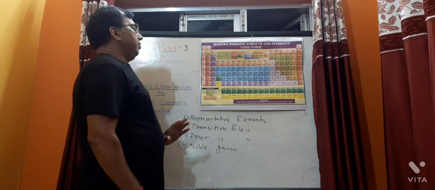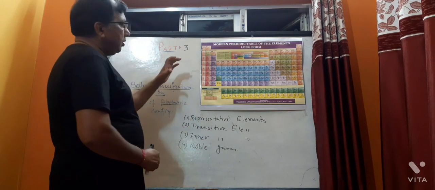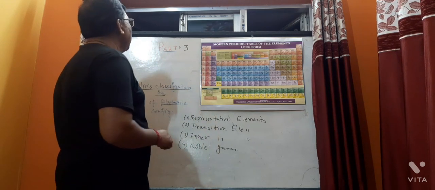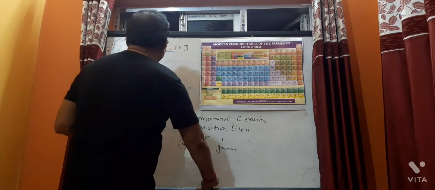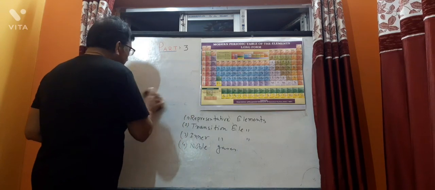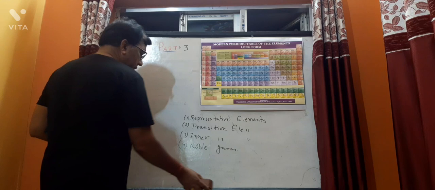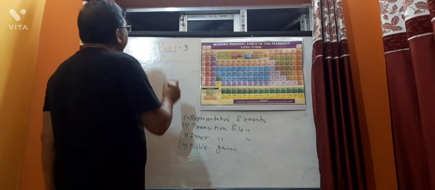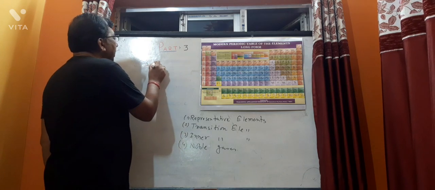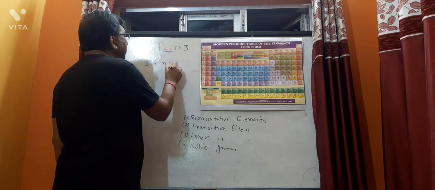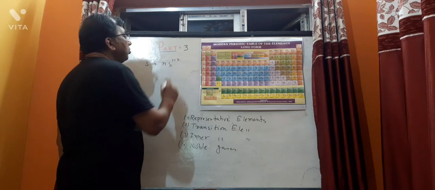So what are the features of these elements? Take s block elements and p block elements. In s block elements, the configuration is ns1 to 2.